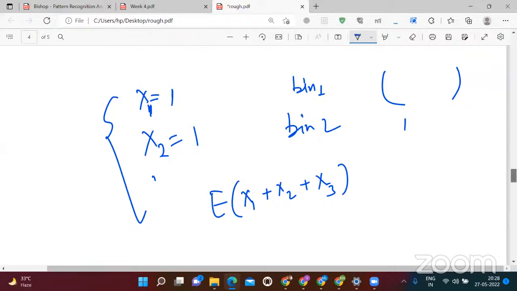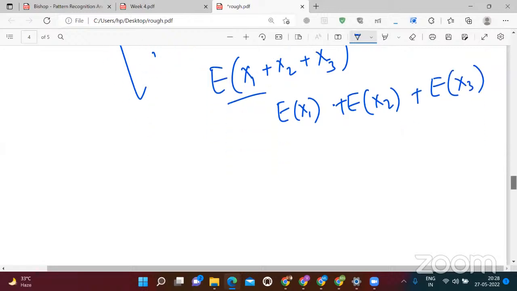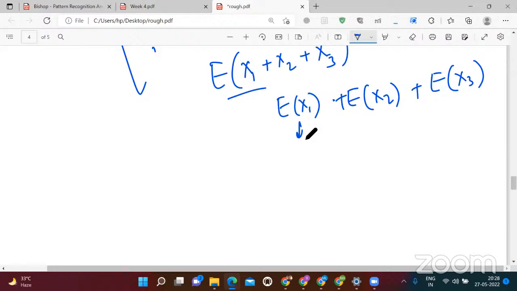So how will you do that? We just have to do the expectation of x1 plus expectation of x2 plus expectation of x3, right? How will you calculate this one? Expectation of x1 equals 1 means the first bin was empty. What is the probability that the first bin would be empty? 1 by 3, right?